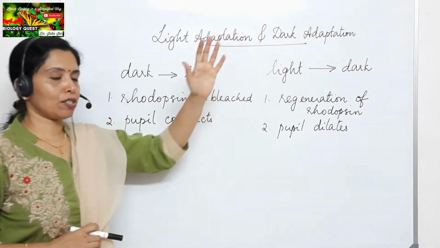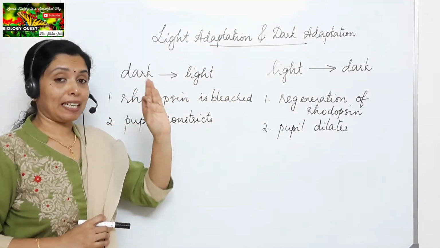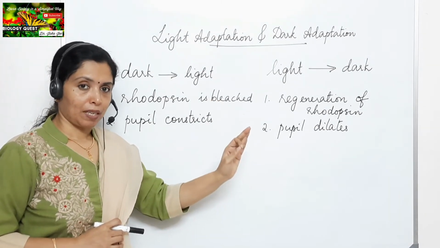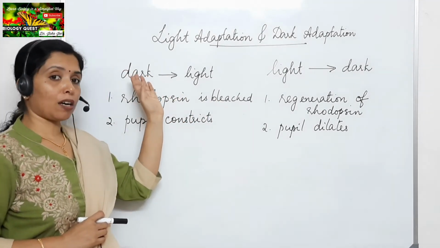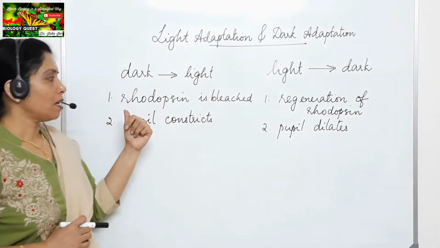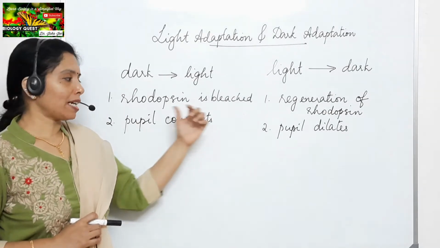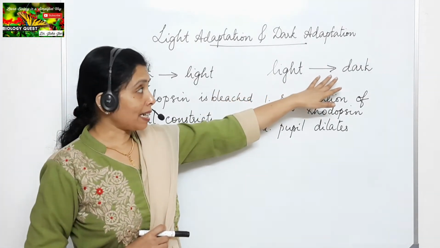So I hope you have understood the difference between light adaptation and dark adaptation. Light adaptation means when does it occur? When we move from a dark room to a brightly lighted area. What happens? The rhodopsin gets bleached and the pupil constricts. What is dark adaptation?